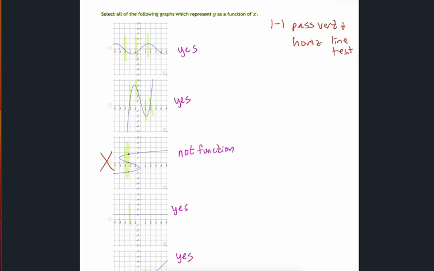So that one can't be one-to-one if it's not even a function. But we're just going to look at the ones that we have listed as a function as to whether or not they are one-to-one. So if we look here, a horizontal line can hit that function in many different spots. So this is not one-to-one.